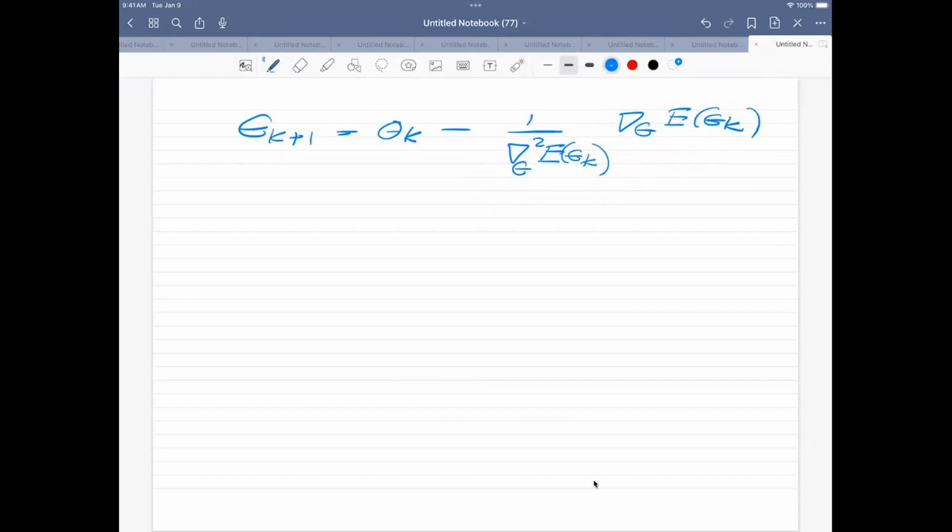Normally you would find theta of k plus 1 is equal to theta of k minus H inverse times the gradient, where H is called the Hessian matrix, which is now in our case the second derivative of the energy.